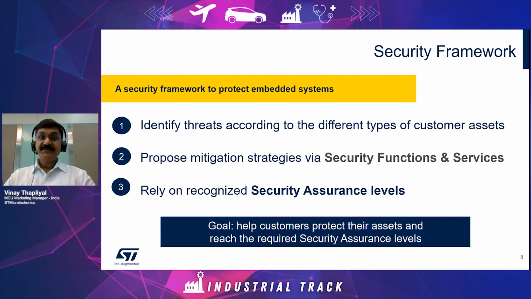So if we consider an embedded design, a complete security framework can be prepared with the following steps. Number one, identify threats according to different types of customer assets. Two, propose mitigation strategies via security functions and services. And third, rely on recognized security assurance levels. The goal is to help customers protect their assets and reach the required security assurance levels.